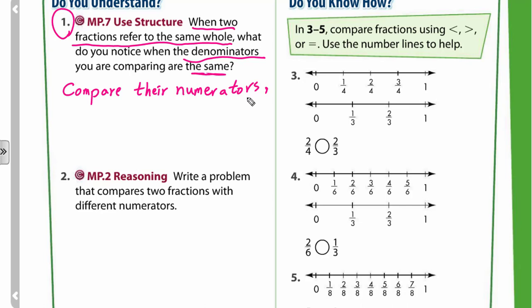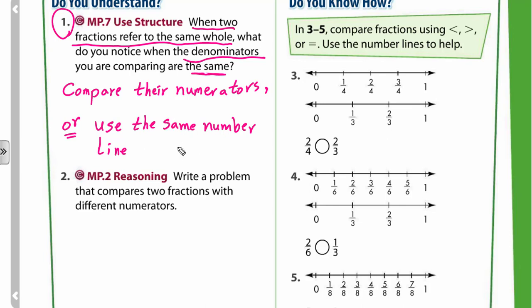Bigger gives bigger. And we have another way. We can also use the same number line to compare the two fractions.